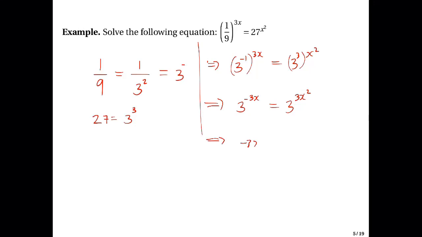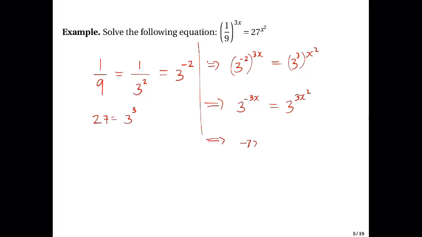So let me edit that. So 3 raised to negative 2. So this guy here must also be negative 2. And therefore, this guy here must be negative 6x. Okay? Sorry about that. But let us continue.